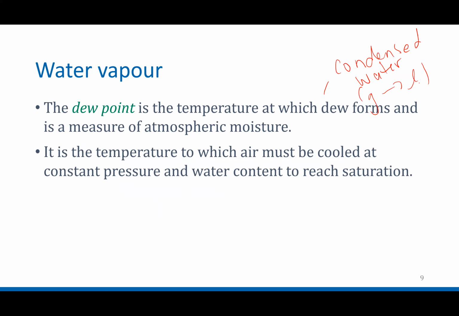The dew point is when dew forms, and it's a measure of atmospheric moisture. So sometimes the humidity, the moisture in the air, is saturated, and it needs to condense and come out of the air. This would be the dew point, the point at which the temperature of the air, the water vapor gas in the air condenses into a liquid.